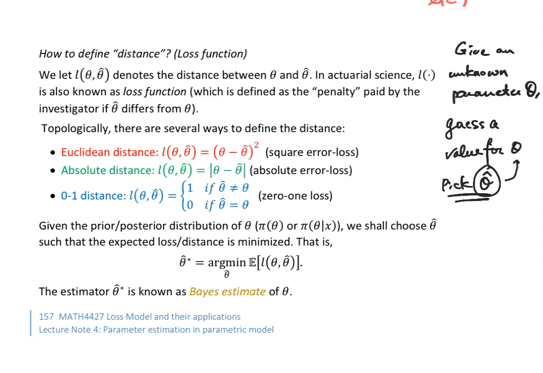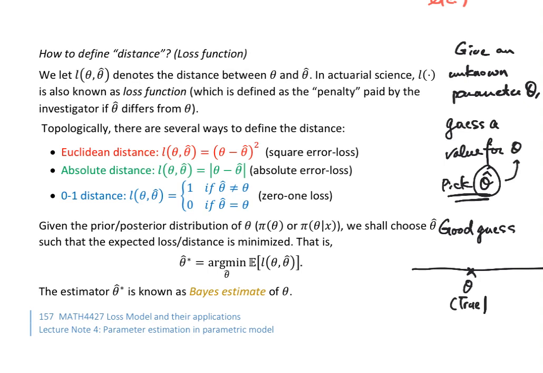Of course here we have to define what we call a good guess. Just like the point estimation, we say this theta hat is a good guess if, let's say this is the true value of your parameter, which is something that you don't know.